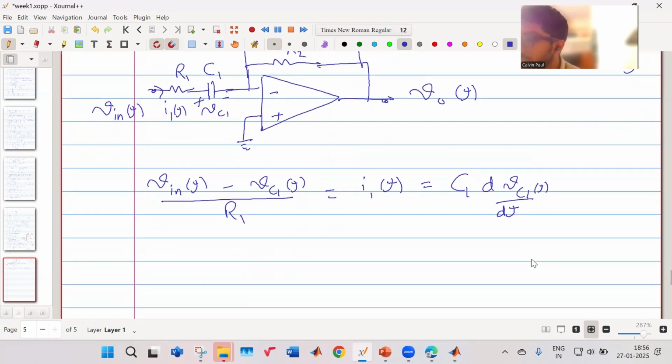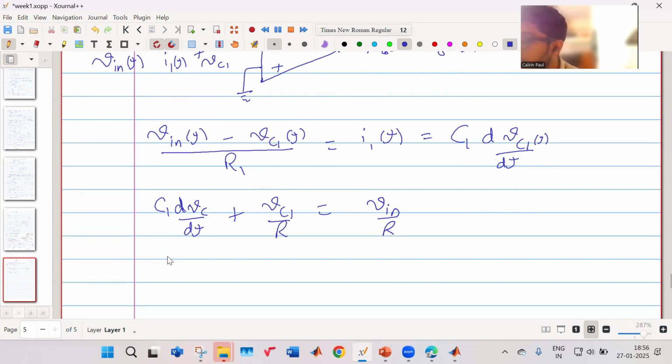So we can write the equation as C1 dVc1 upon dt plus Vc1 upon R1 is equal to V in upon R1, or we write it further as dVc1 upon dt is equal to minus Vc1 upon R1 C1 plus V in upon R1 C1.